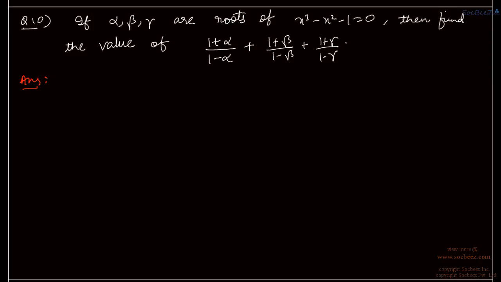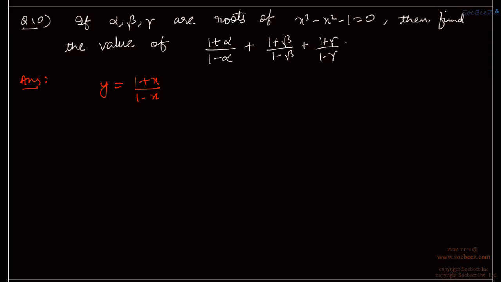So what I do is, I put a new variable y and write that as (1 plus x) by (1 minus x). So you see that alpha, beta and gamma are nothing but three different values of x for this function. So I transform that variable to a different one, specifically (1 plus x) by (1 minus x), so as to suit my values here.